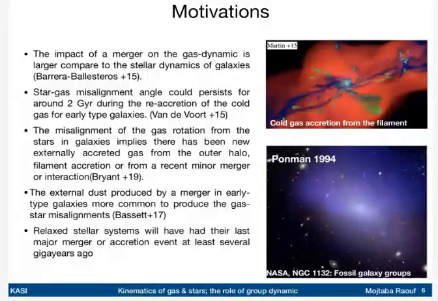Just talking about the motivation of the studies, we see that the impact of the mergers on the gas dynamics is larger compared to the stellar dynamics, based on some previous studies.